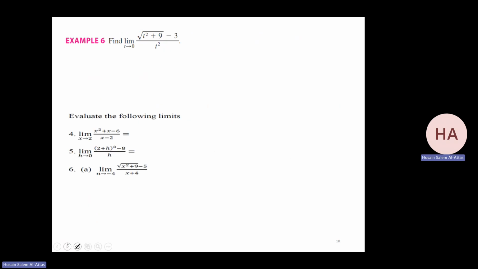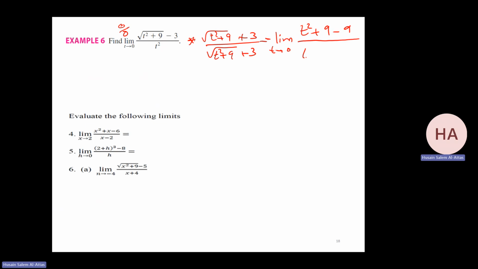What you will do, first I need to rewrite this, so I need to rationalize it. If we substitute, by the way, you have 3 minus 3, 0 over 0. So you need to think about something. Multiply by the same thing. You get what? Limit, do the calculation. t squared plus 9 minus 9 over t squared times the conjugate plus 3.